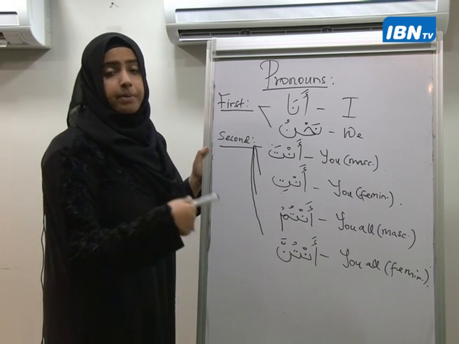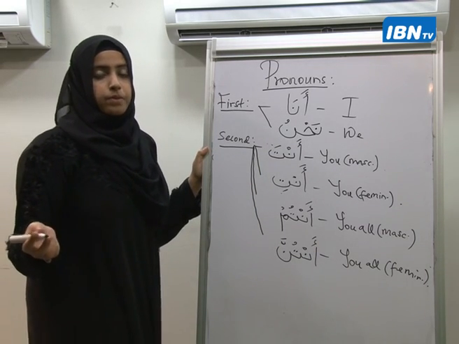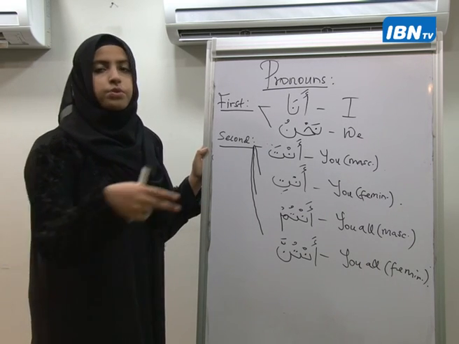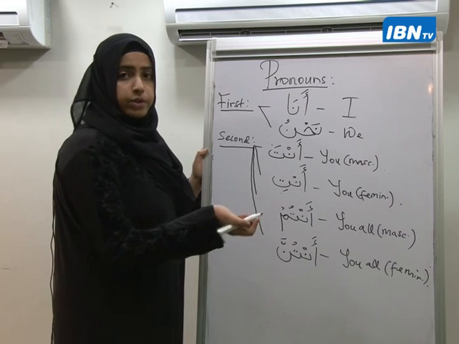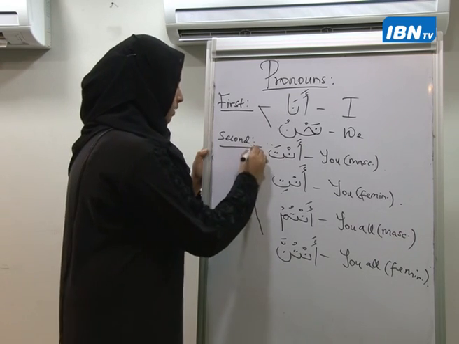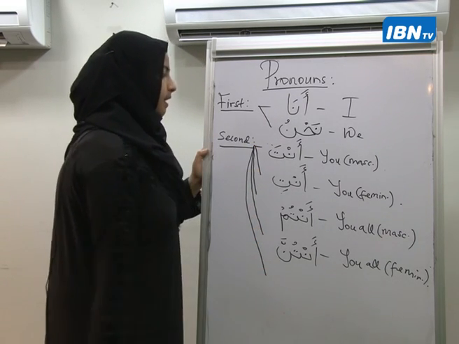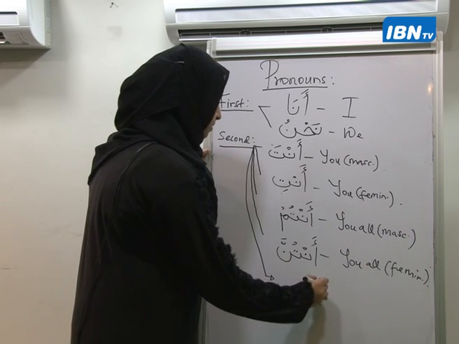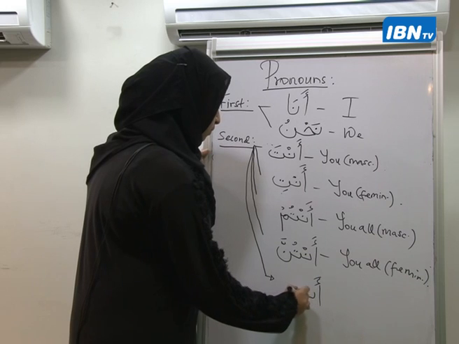Now we also have second person dual. Let's say I want to say you two girls, you two boys, you two teachers. How am I going to use the dual form? I'm going to say antuma, which means you two.